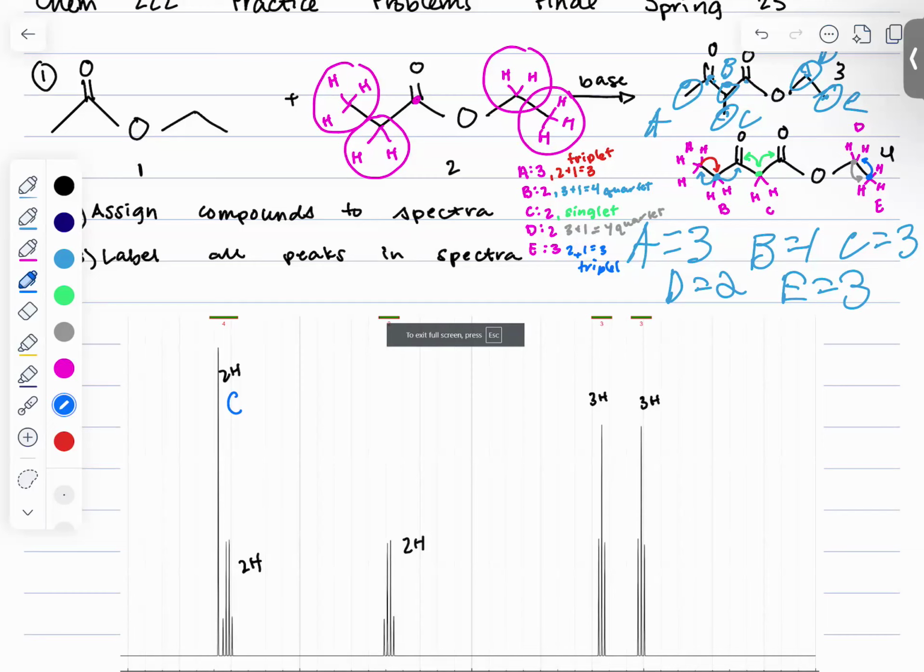That's signal E. And then we have one on the other side that is 2 carbons away from an oxygen. If we look at our ppm chart, we can see that when you're closer to an oxygen, you have a higher ppm value. So with our higher ppm value, we're going to pick the signal that's closer to an oxygen.